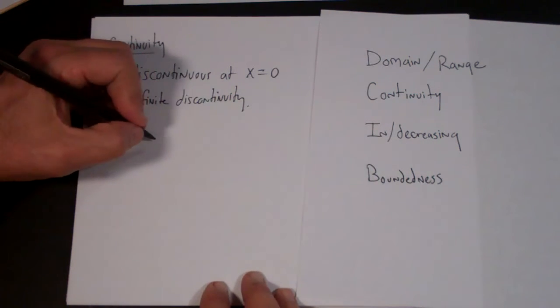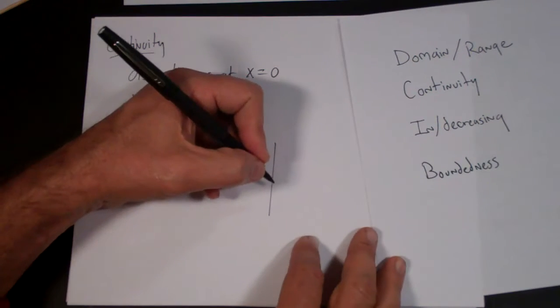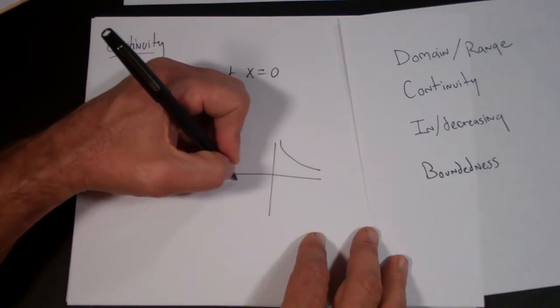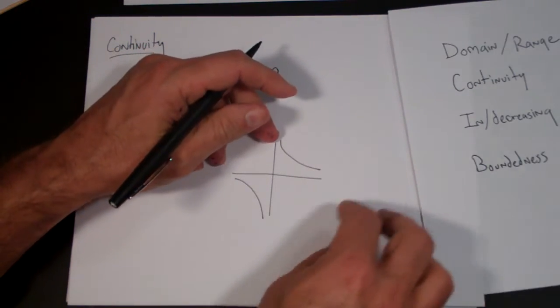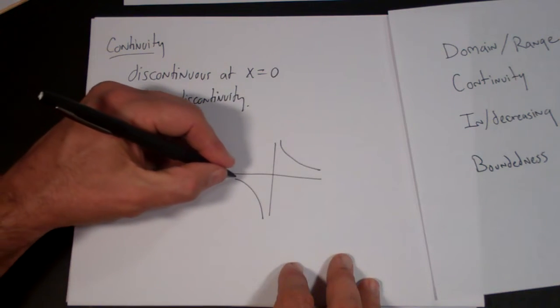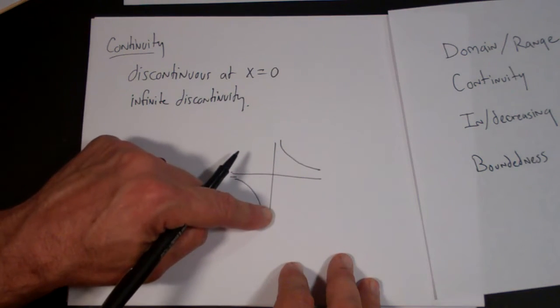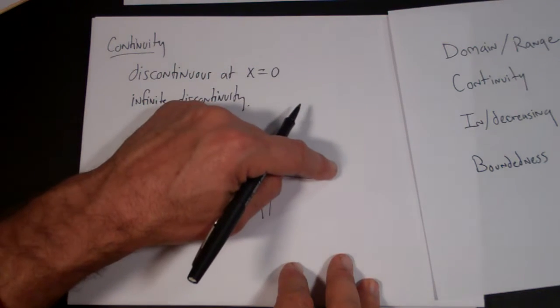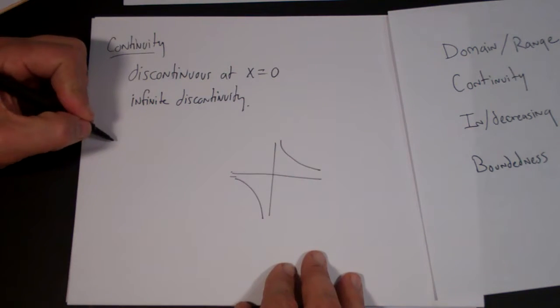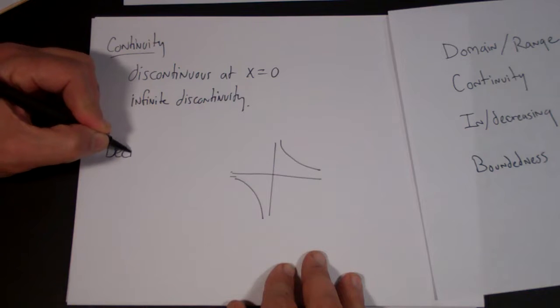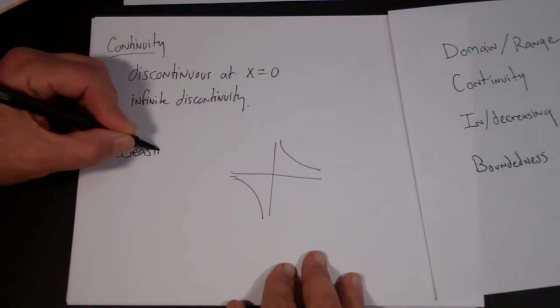Now let's look at increasing and decreasing. Again, what does the graph look like? The graph looks like this and looks like this. If you notice, here it's decreasing, and there it's decreasing. So it's decreasing everywhere in the domain.